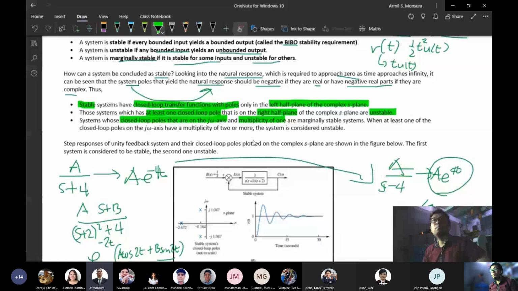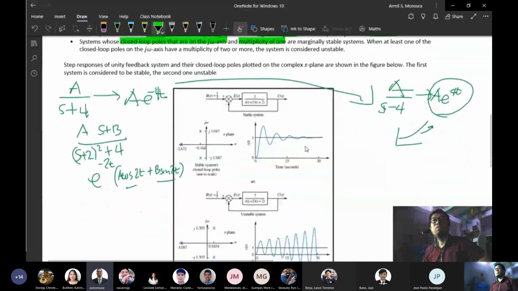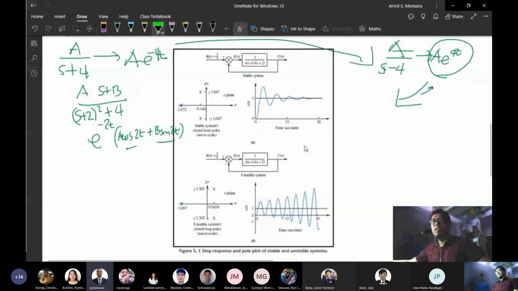Okay? So, kung meron kayong system na, halimbawa, ito yung S-plane natin. Tapos meron kayong pole dito sa ating J omega axis.